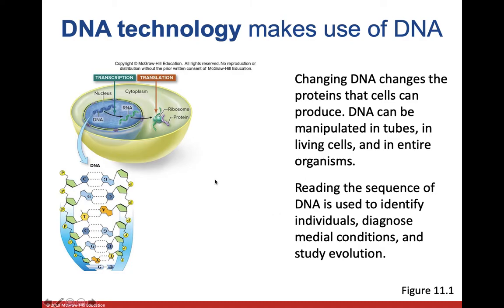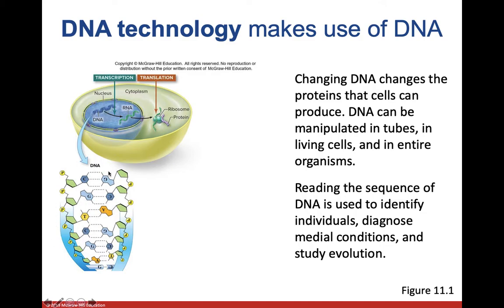If we read this DNA, which scientists can do very easily, every single organism on the planet has tons of DNA inside of it. We can read the unique sequences of that DNA, which allows us to figure out the evolutionary history of organisms. If they have a particular disease, we know what the normal gene looks like, and if it's an altered gene, we know it results in this particular type of disease.